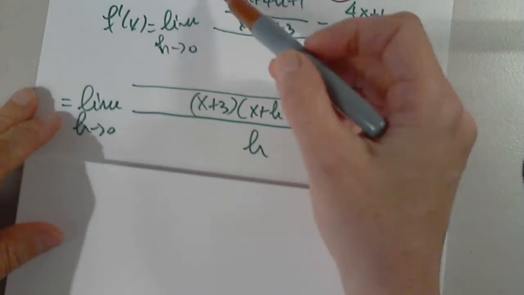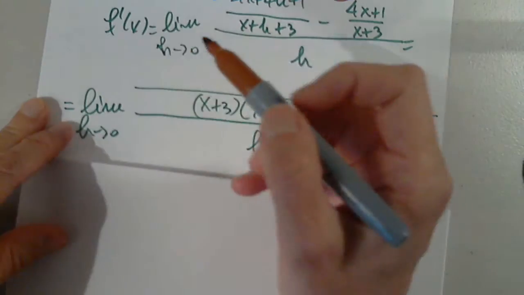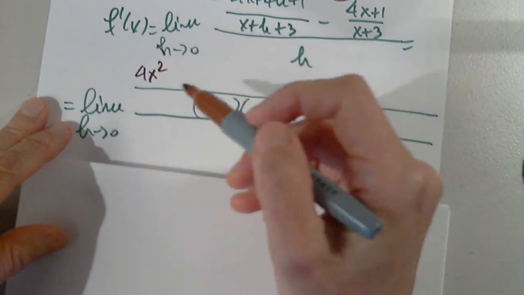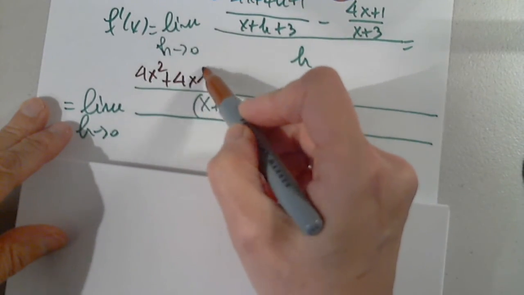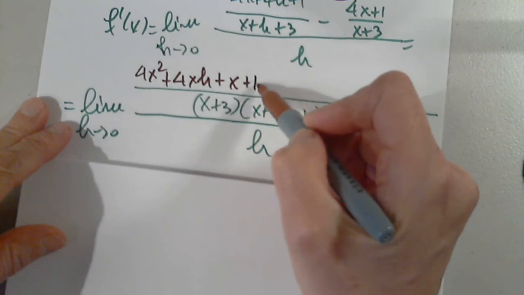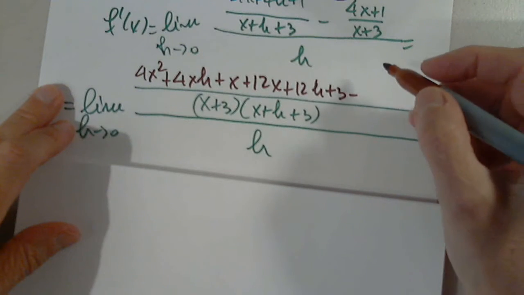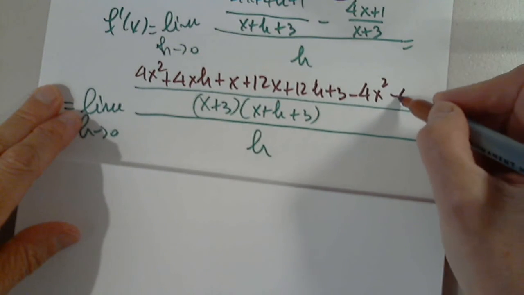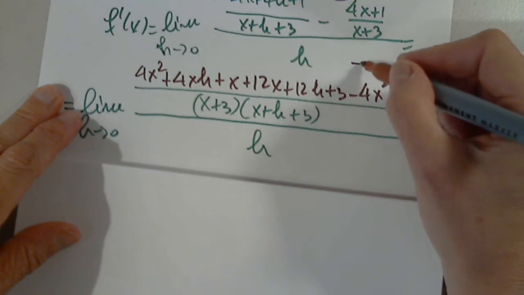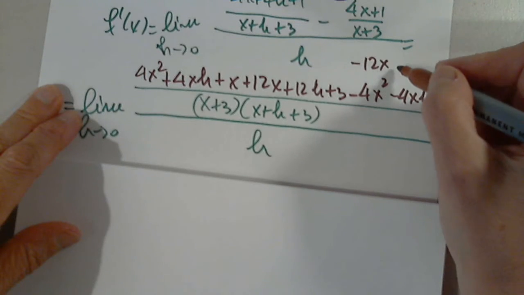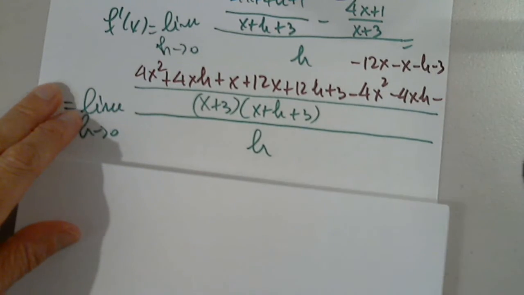Okay, so I redistribute. So I have 4x squared plus 4xh plus x plus 12x plus 12h plus 3, minus 4x squared minus 4xh minus 12x minus x minus h minus 3.